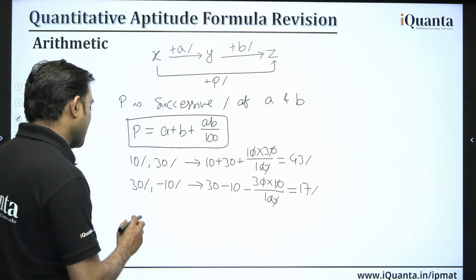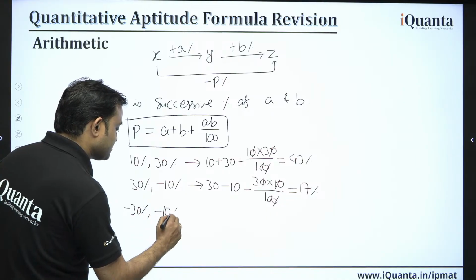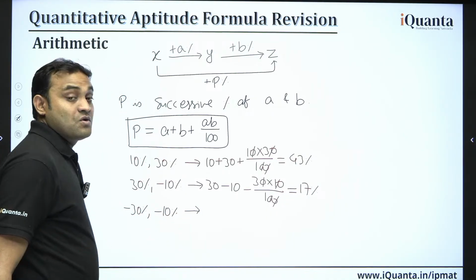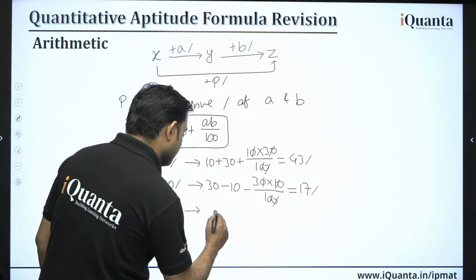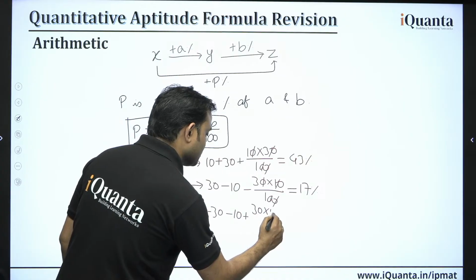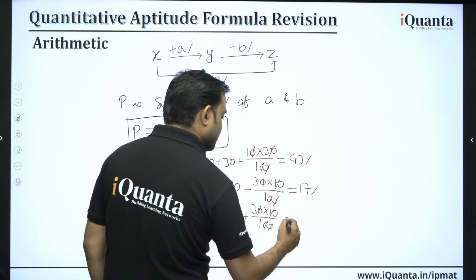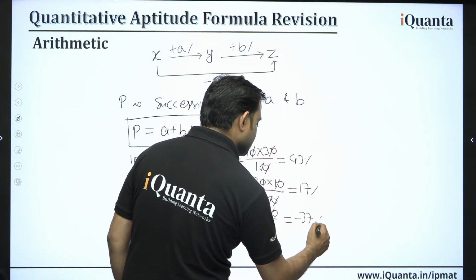Then again, if we have decrease of 30% and a decrease of 10%, in that case, what will be the total decrease? So it will be minus 30 minus 10 plus 30 into 10. Minus minus will become plus. So minus 40 plus 3, minus 37%.